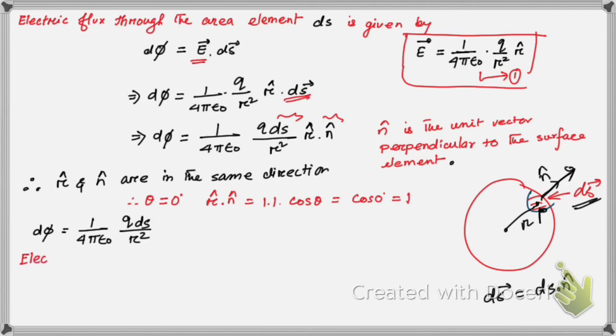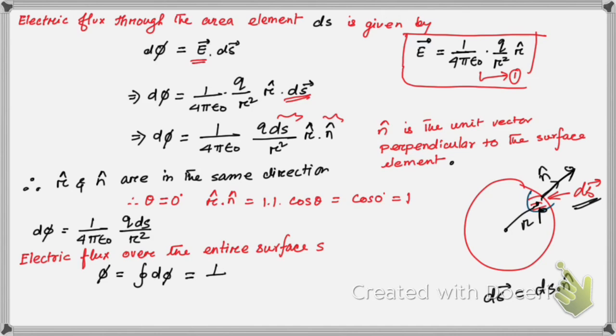So we have got the electric flux, this one. So let me find the electric flux over the entire surface S. That's gonna be the surface integral of d phi, which is gonna be equal to the integration of ds. So we have to integrate the surface area, right?